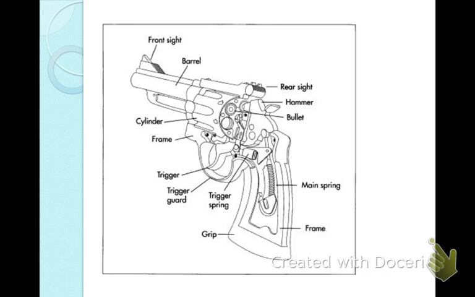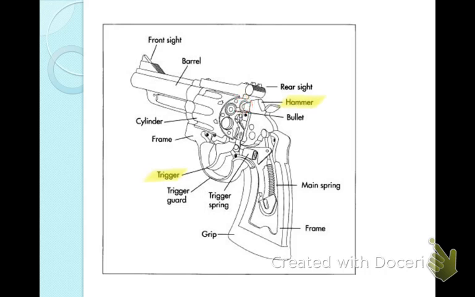Here's a cross-section of a firearm. You can see what's going on here. The process that goes on inside a gun when it's fired: once that trigger is pulled, the hammer here springs forward. At the other end of the hammer is what we call a firing pin. That's right here.